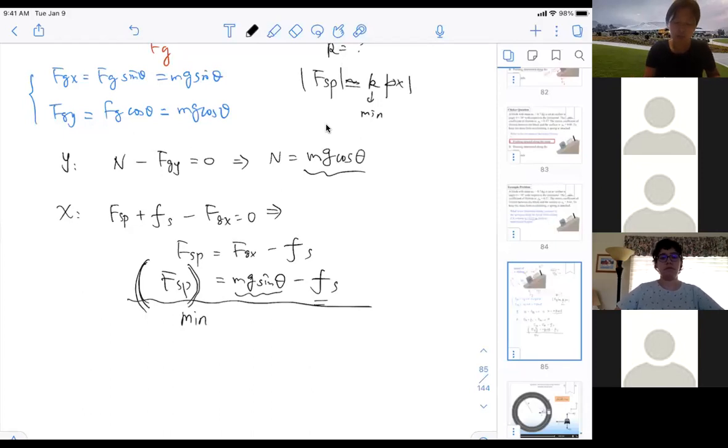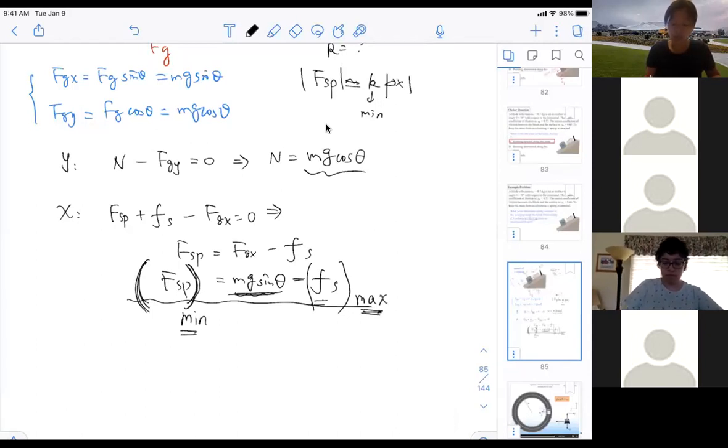To make this minimum, we need to make the static friction a maximum, because the spring force is this constant minus another quantity. If this quantity is at a max value, I know the spring force is at a minimum value.